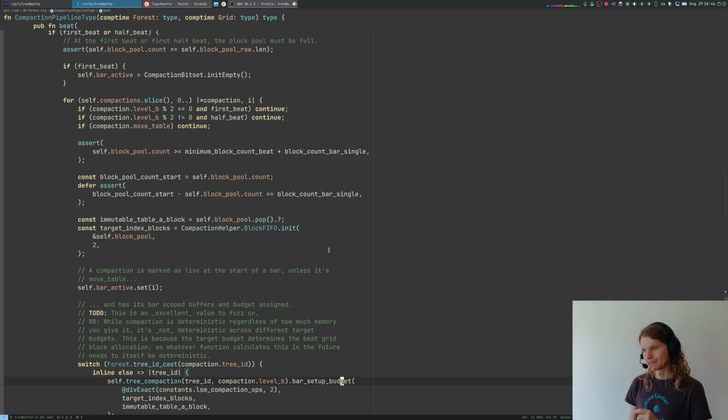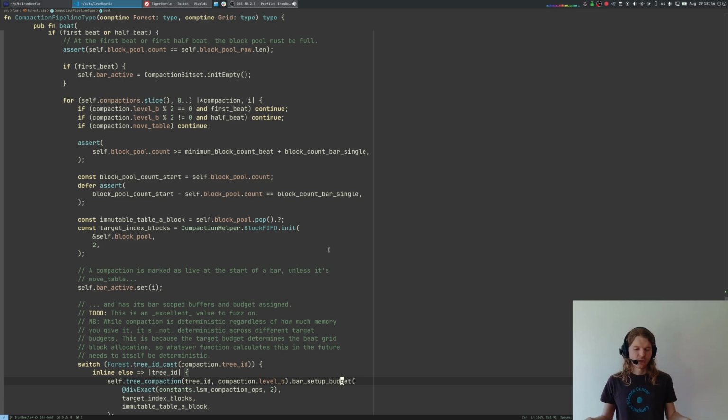So okay, let us orient in space and time. We have done setup for each compaction. So if we are, say, half bar, then we compact into even layers, and for each even layer, we figured out which is the table from the old layer we need to compact into it, and which are the tables from the even layer it intersects with.